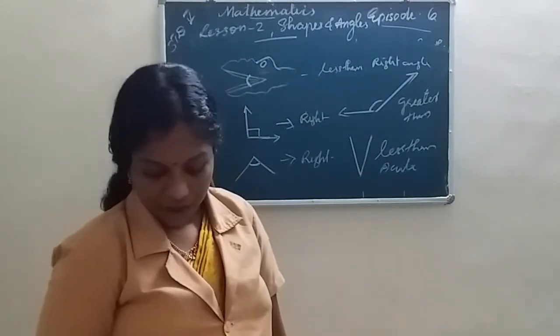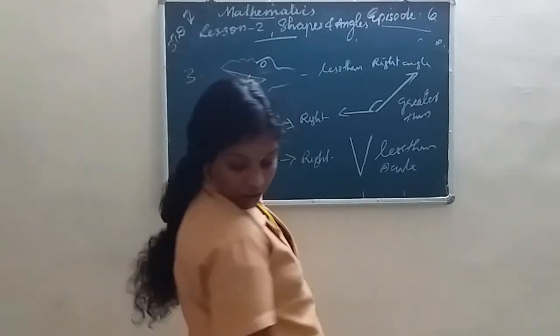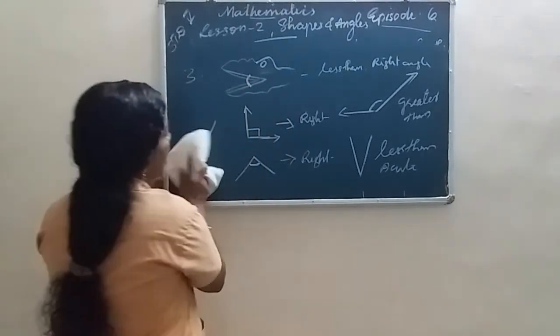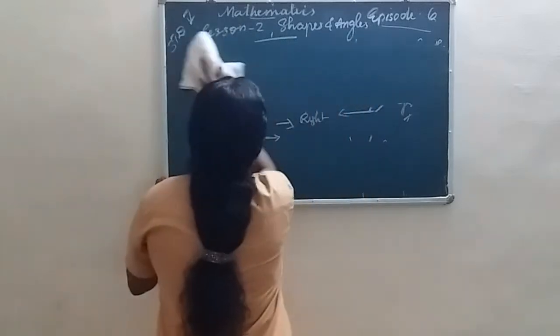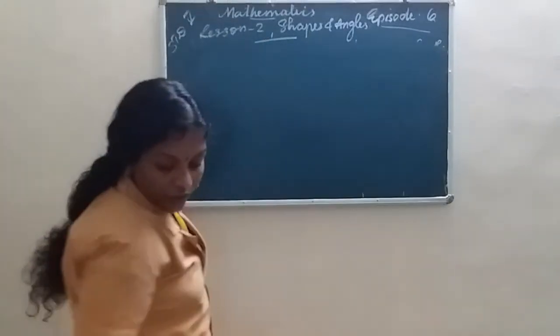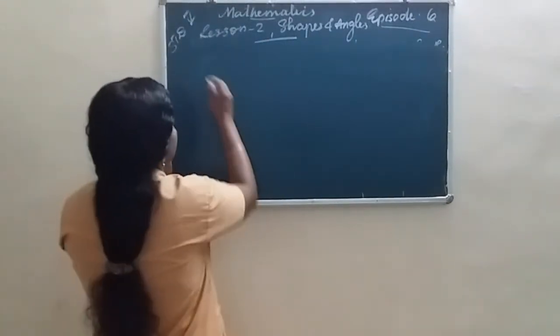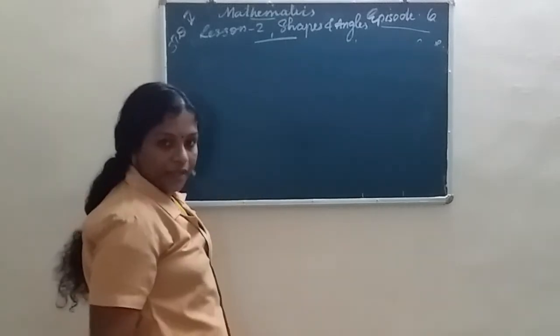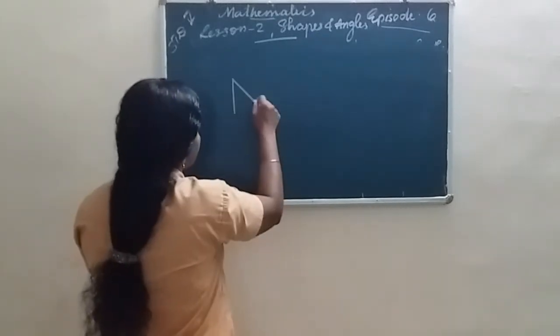you want to write your name in alphabets and make some angles. Suppose, for example, mathematics or maths. I write maths.